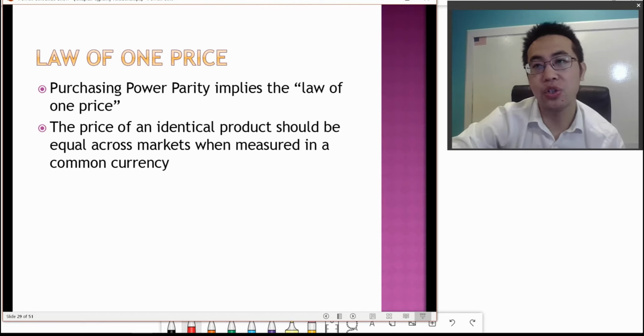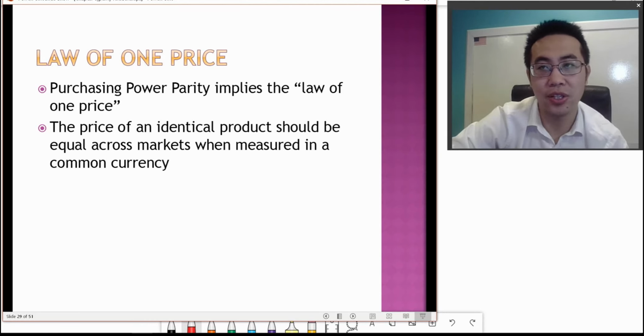Of course, when we look at the dollar price of the product in India, we need to follow the exchange rate. We need to convert the local price in rupees to US dollars to get the dollar price in India.